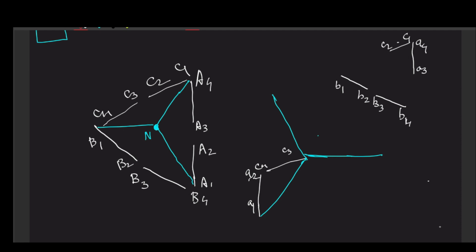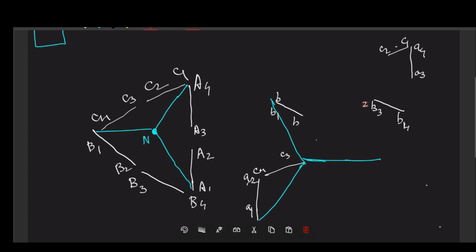Similarly, this is for B phase, so we have to place here B1, B2. Like if you connect A1 with your, take out A1 as your secondary lead, obviously this should be the case.